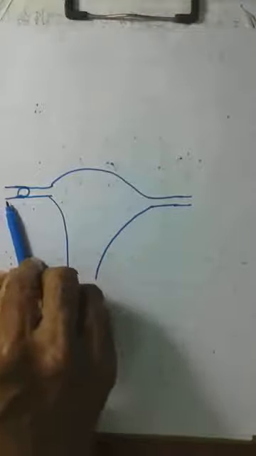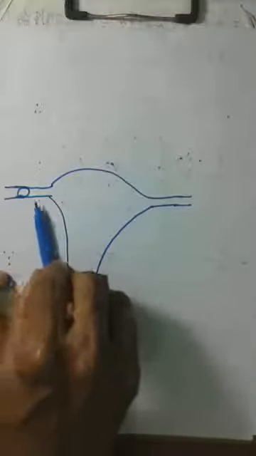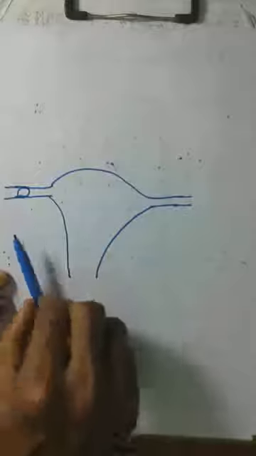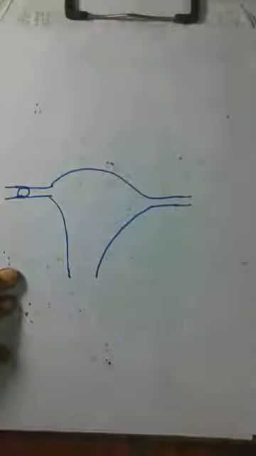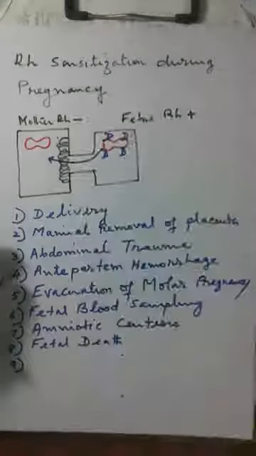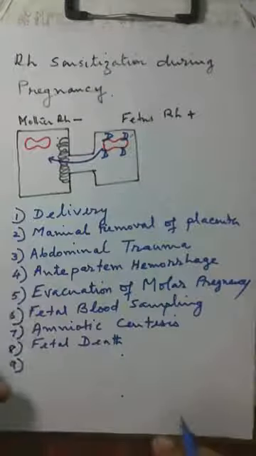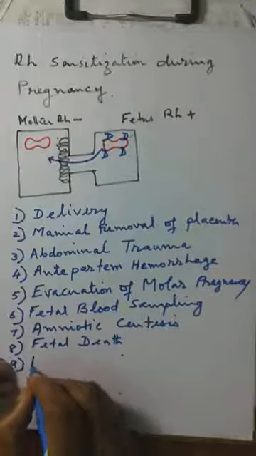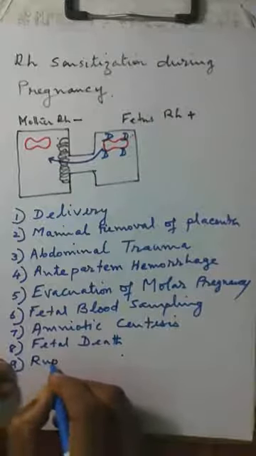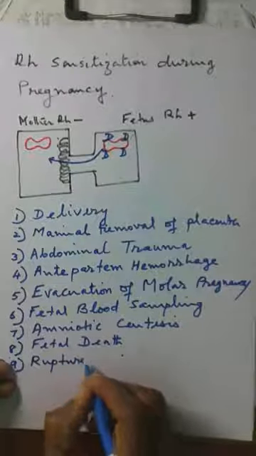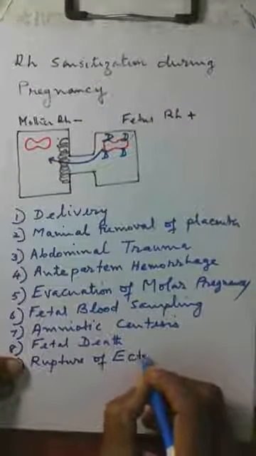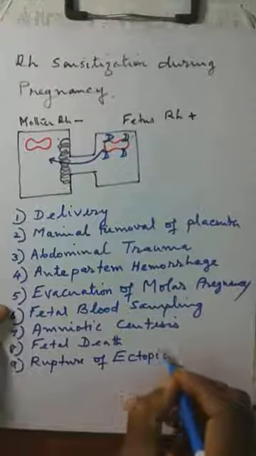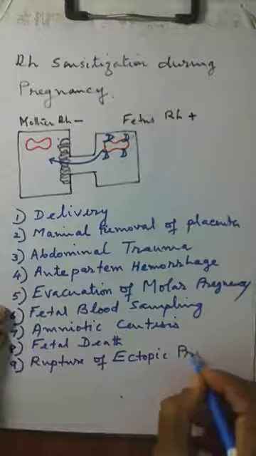Then this fallopian tube will break, and that is also one of the reasons for the sensitization. So that is what is called rupture of ectopic pregnancy.